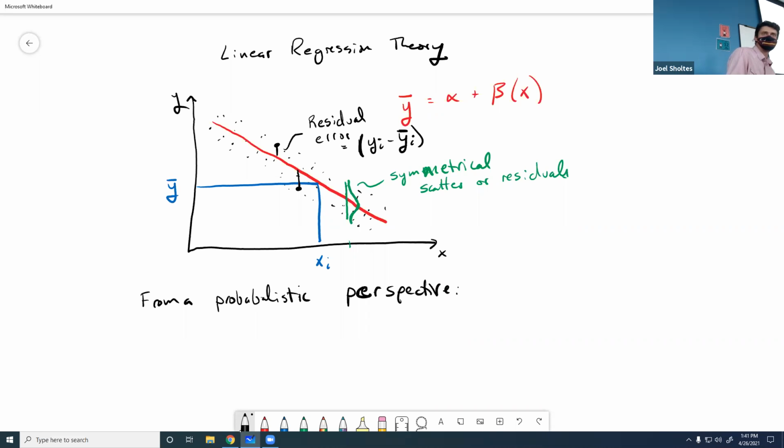That the expected value of y at some value of xi, which is that regression line, I'll just write that out. So this expected value of y given x equal to xi is equal to alpha plus beta xi.